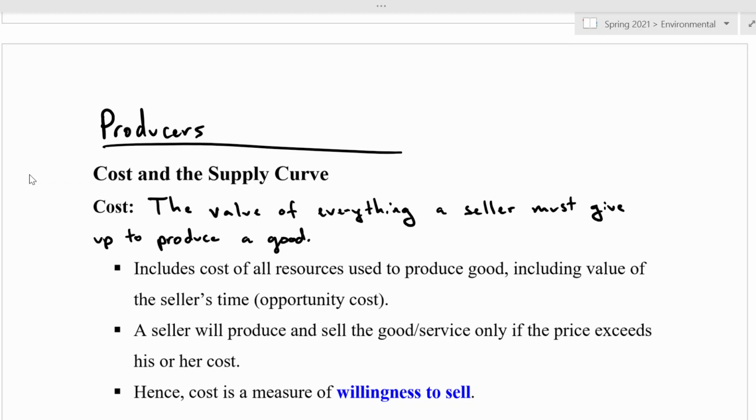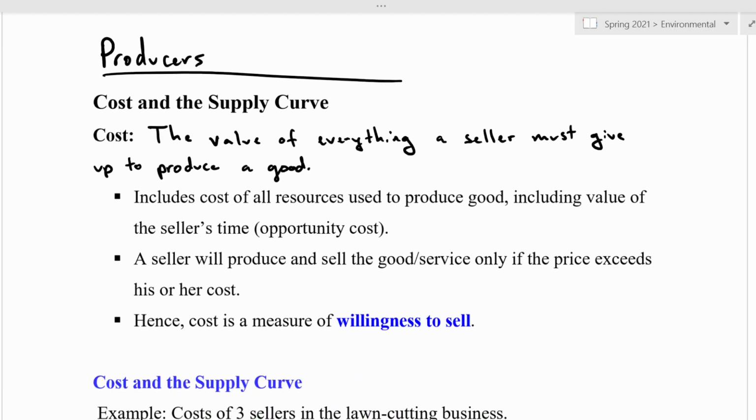And the only reason a seller is going to enter the market and decide to sell their product or service is if the price is higher than their costs. And so ultimately, just as with consumers we can think about their demand as their willingness to buy, for producers, cost is really a measurement of their willingness to sell.